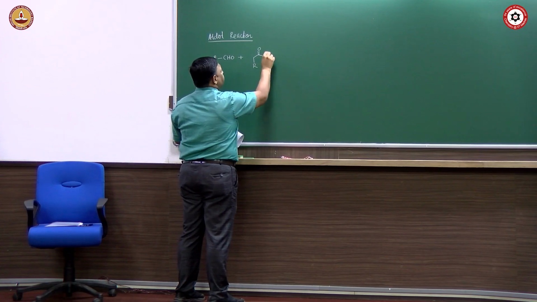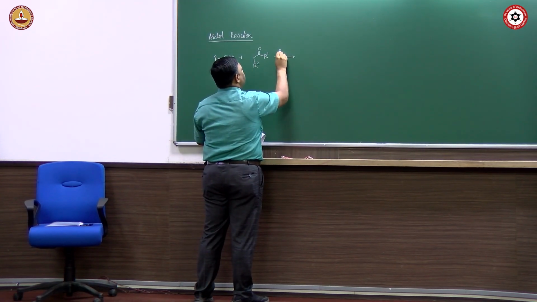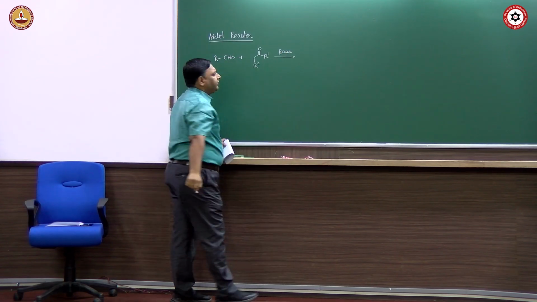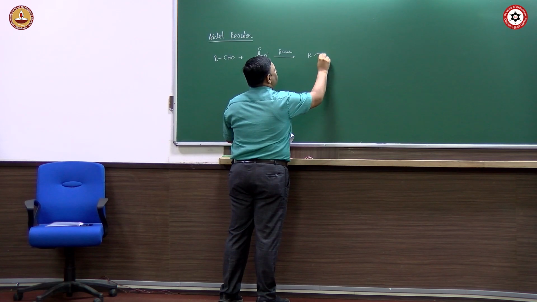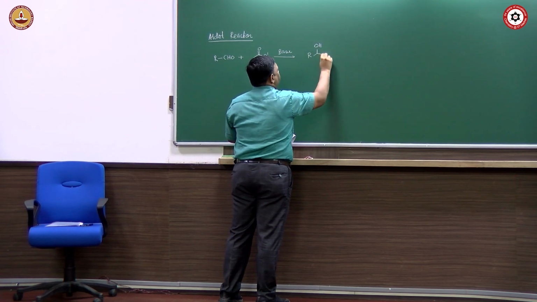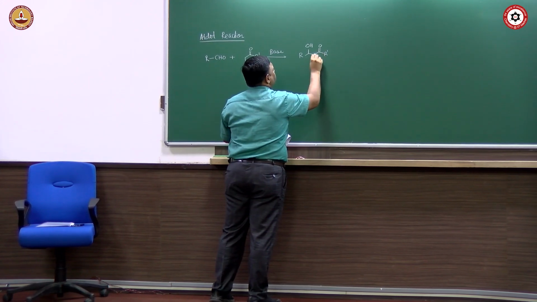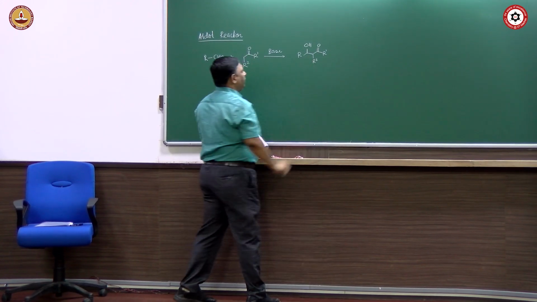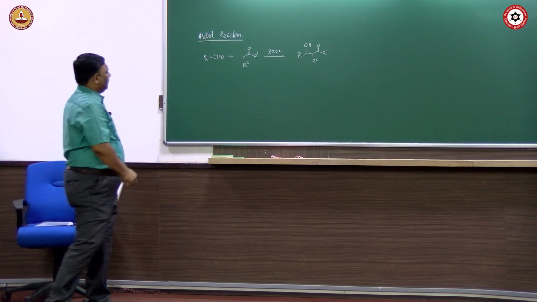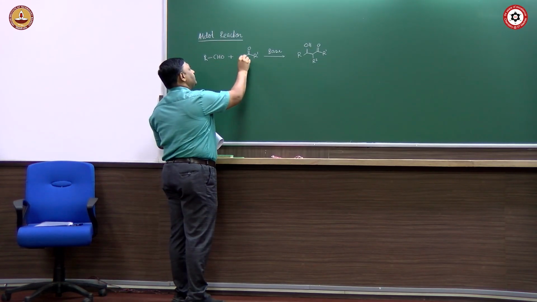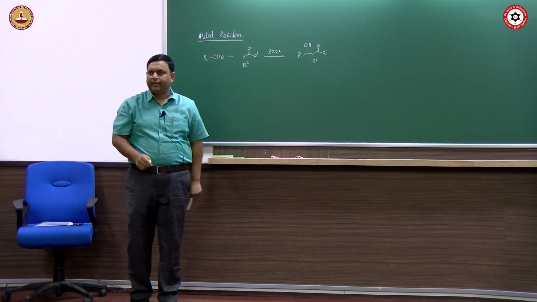Let's say I am putting R1 and R2, and that goes in the presence of a base and you make a compound like a beta hydroxy carbonyl compound. This is the classical reaction, or a general reaction scheme, and you will see it mentioned like that in most of the books.